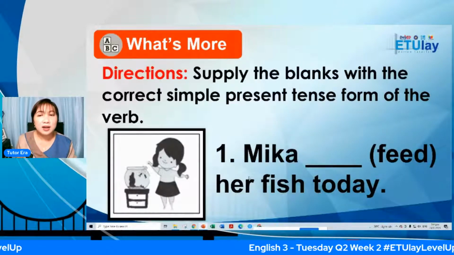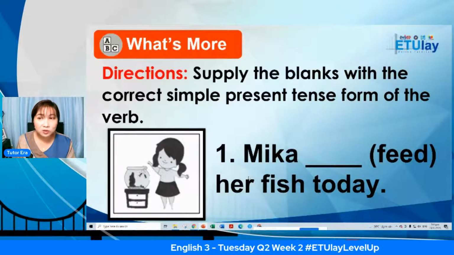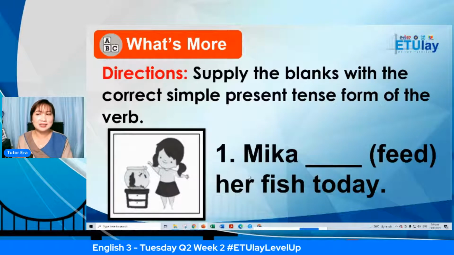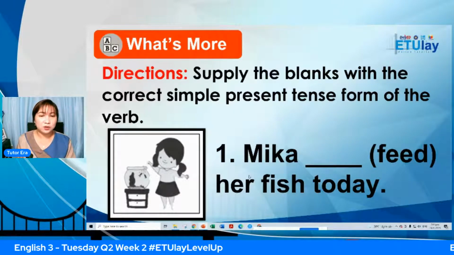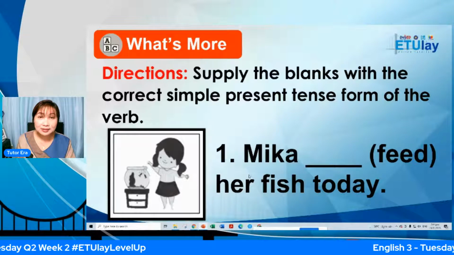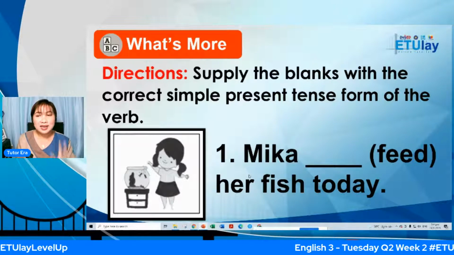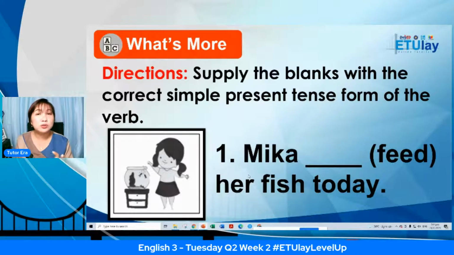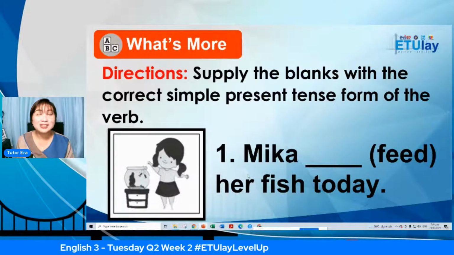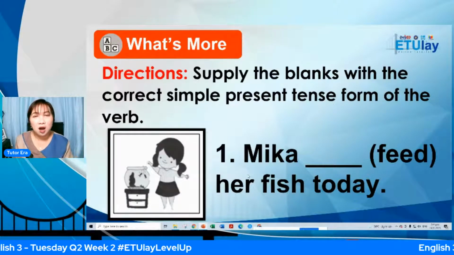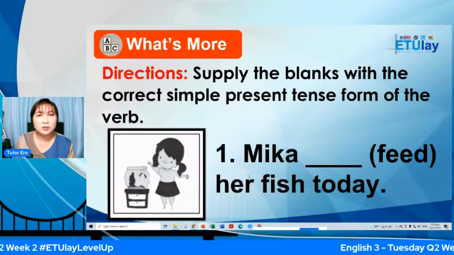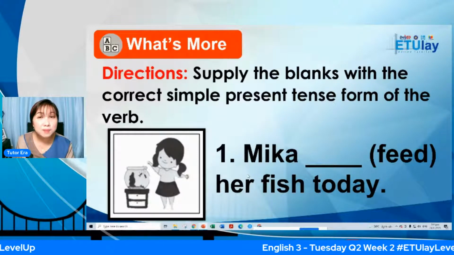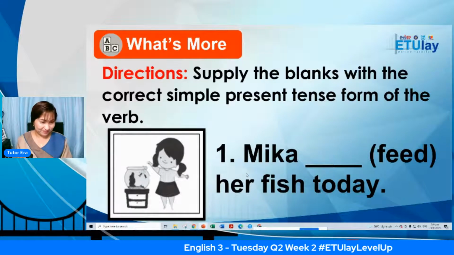So here you're going to supply the blanks with the correct simple present tense of the verb. So we have number one. You will simply tell me whether you're going to add s or you're going to use the base form of the verb, because the next sentences are sentences where you are going to use the simple present tense of the verb.